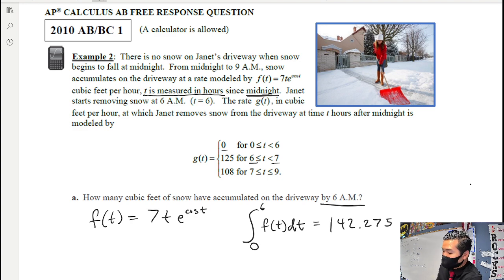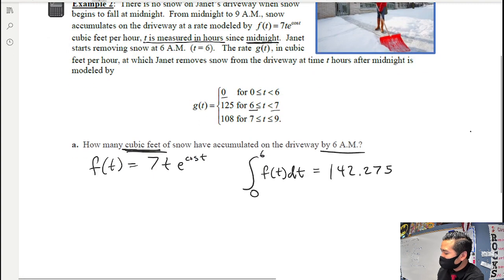Now, look at this problem. Look at the question. Notice they give you the units. Do you guys know how to write cubic feet? If the problem specifies that you need units, write the units down.